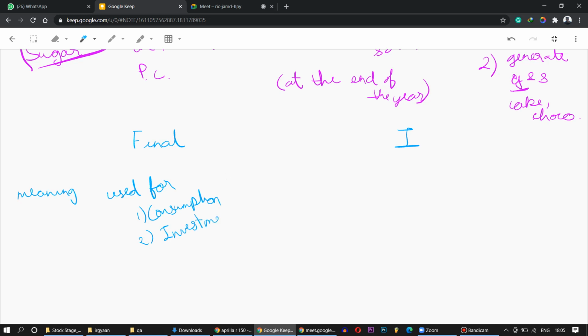Because if I purchase a car and I become a taxi driver, my car becomes an investment. And here we do resell, or we use it for further production. Consumption, investment, resell, further production.